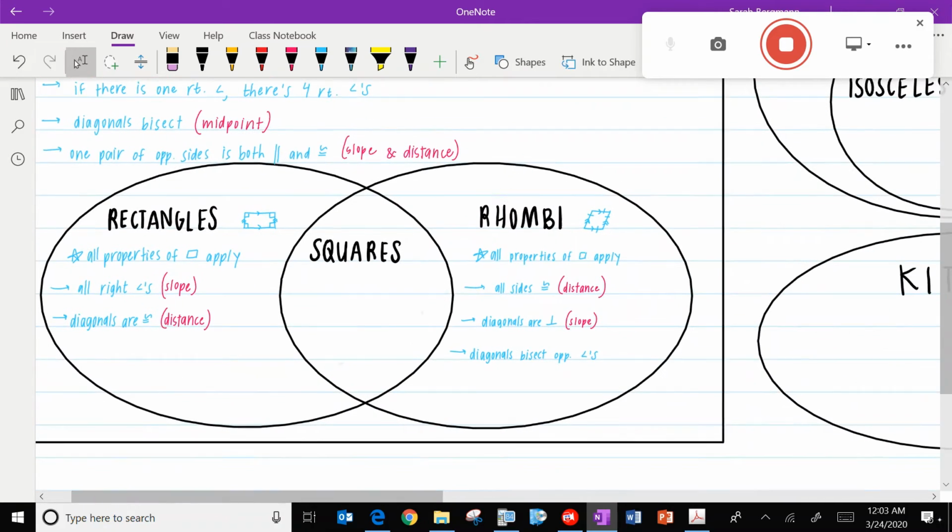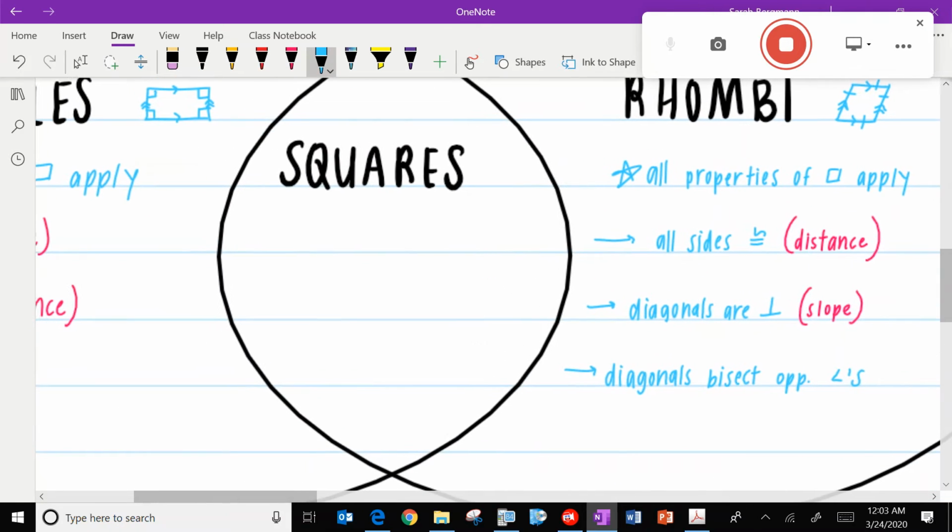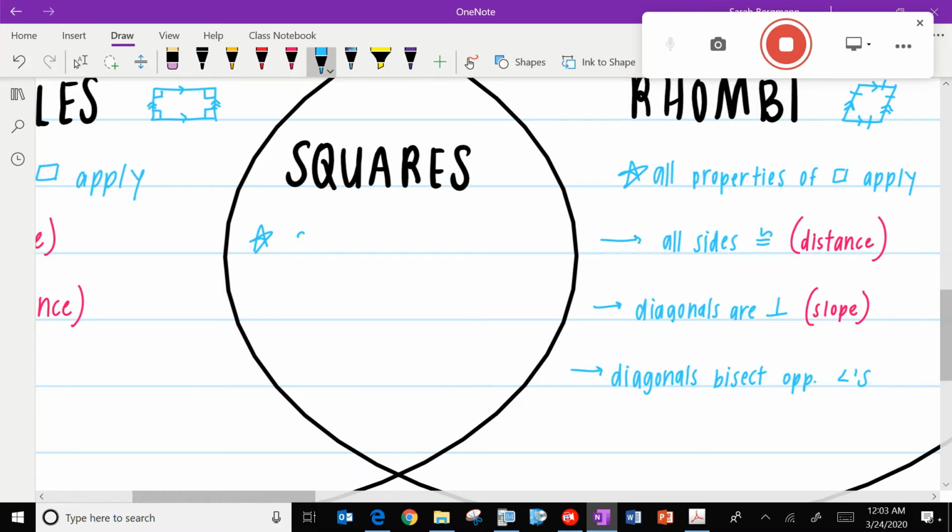Next, we learned about squares. Squares are combinations of rectangles and rhombi. So a square has all the properties of parallelograms, rectangles, and rhombi.